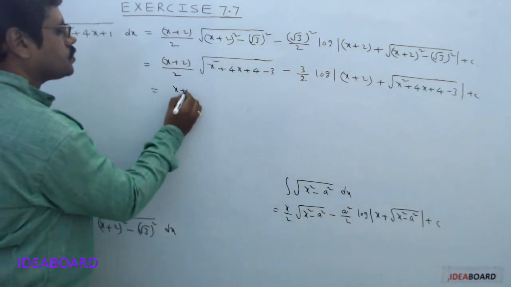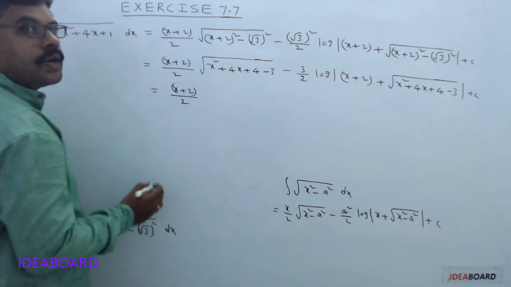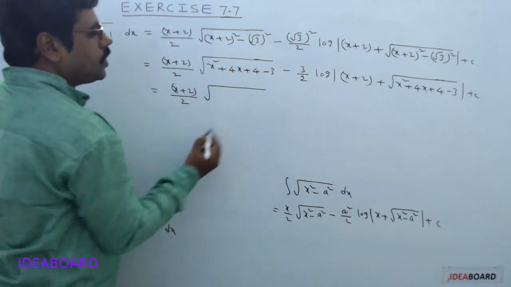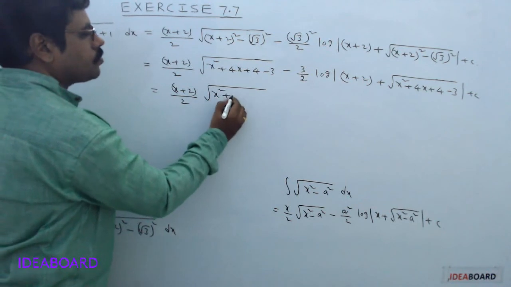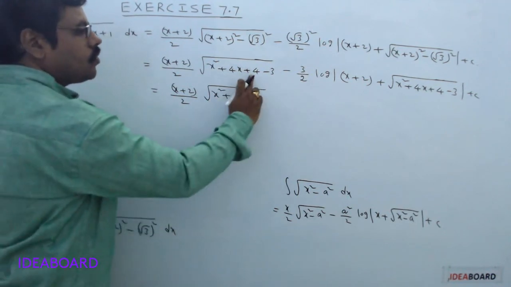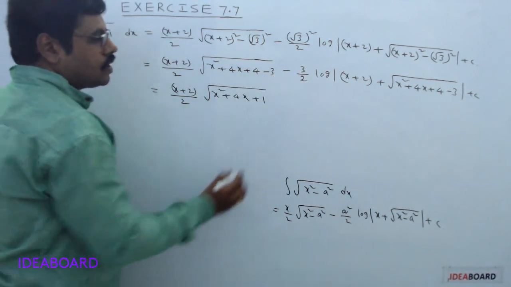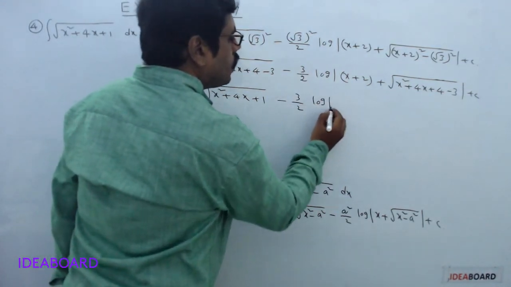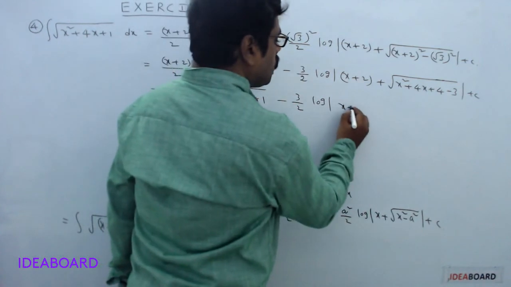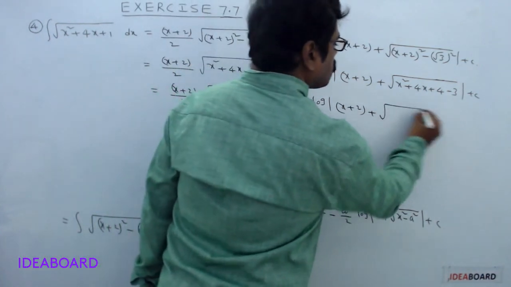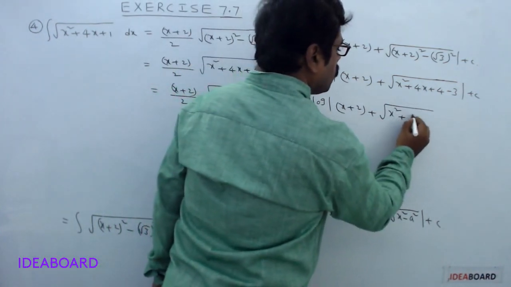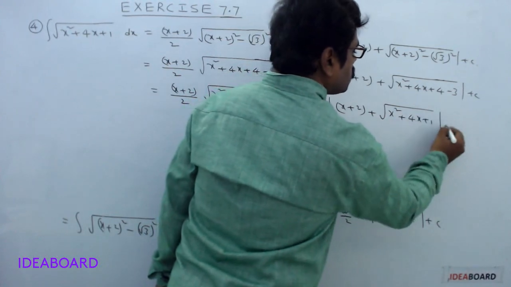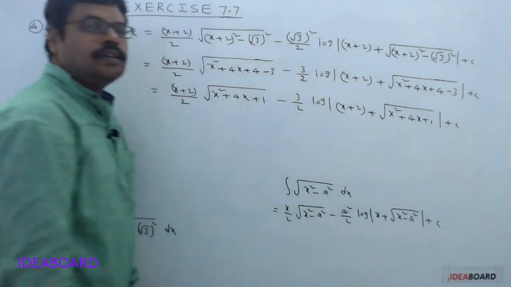So it is x plus 2 divided by 2 into square root of x square plus 4x plus 4 minus 3 plus 1 minus 3 divided by 2 into log mod of x plus 2 plus square root of x square plus 4x plus 1 plus a constant c.